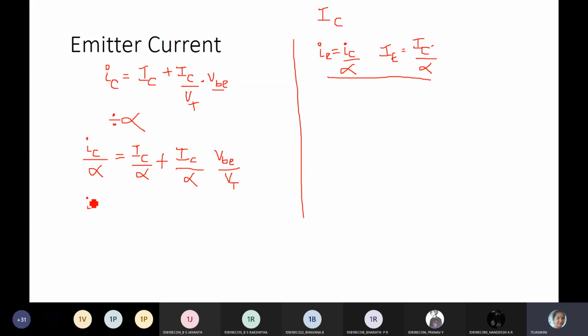It is small i, capital E, the amplified one, that's why iE. So now iC by alpha is capital I, the prefix capital E, plus this is the signal component. Signal component, let me write small i with small e. Am I correct? This is the signal component, because the signal component vBE is here.